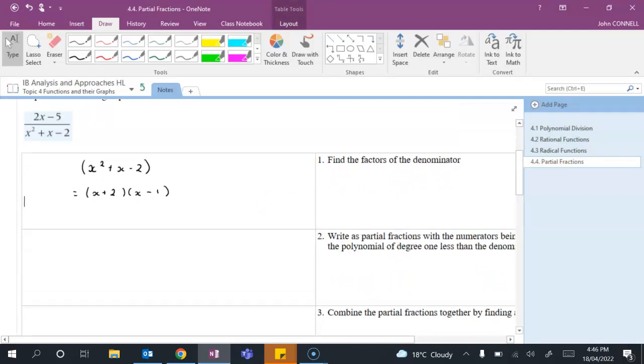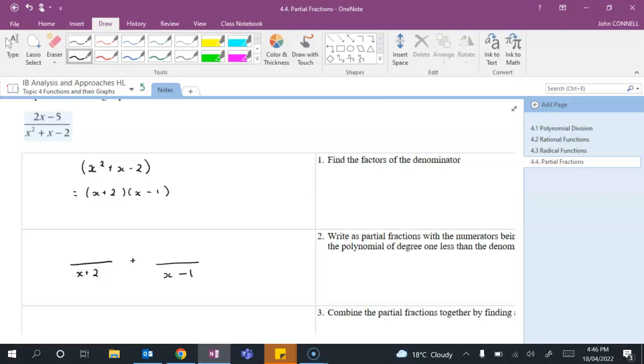Okay, now when I split this up, I'm going to write it as some rational function with a denominator of x plus 2 and some rational function with a denominator of x take 1. It'll be the sum of those two. Now, the degree of the numerator has to be less than the degree of the denominator, which is linear. What's a lower power of x than 1?